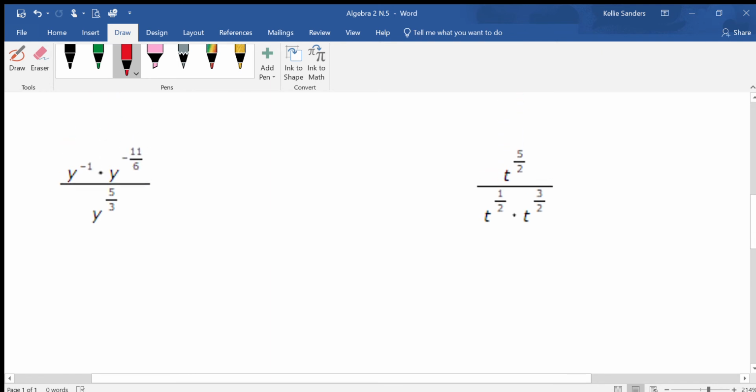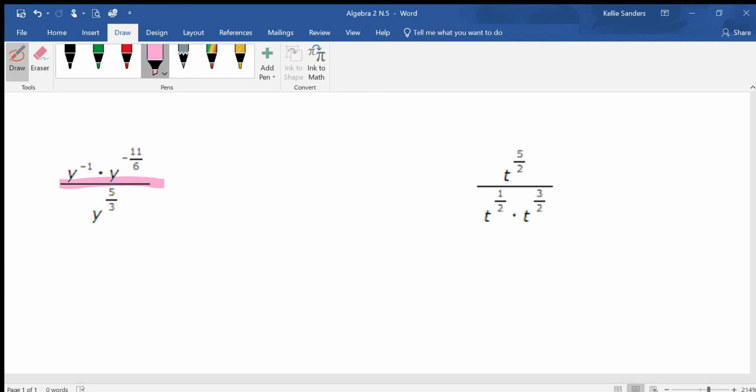Okay. So on these, you've got to think about what you're doing. Here is a division. Here is a multiplication. What do you do to your exponents whenever you're multiplying? You add them. What do you do to your exponents whenever you're dividing? You subtract them. There's a couple of different ways that we could go about doing these problems.